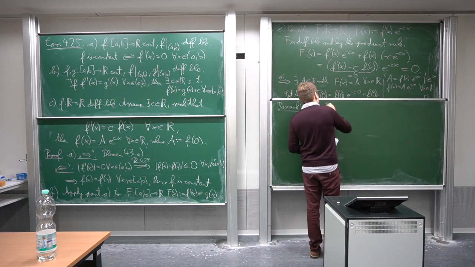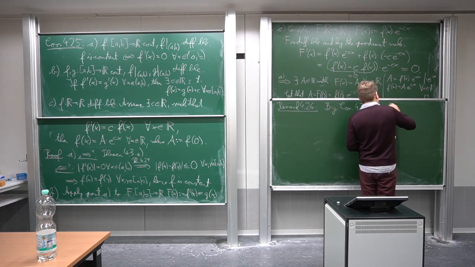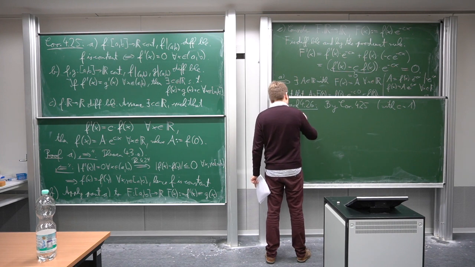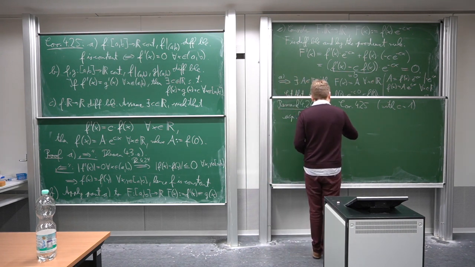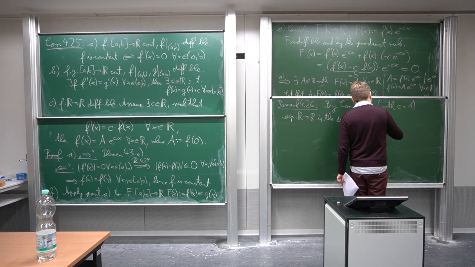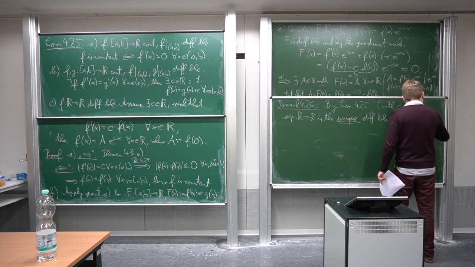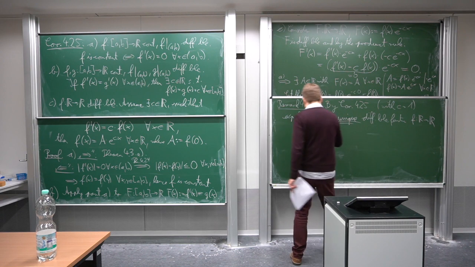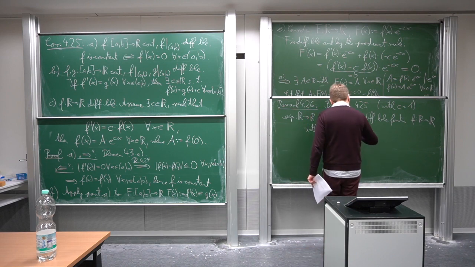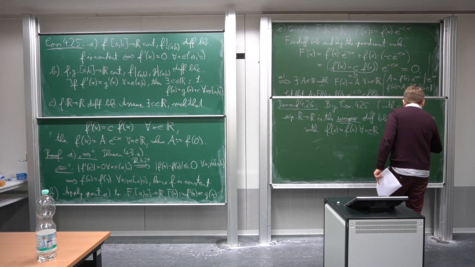By corollary 4.25, so with c equal to 1, it turns out that the exponential function, now seen as a real function from R to R, is the unique, and unique is the important part here, differentiable function f from R to R which has the following properties: f prime of x equal to f of x for all x in R, and f of 0 equal to 1.